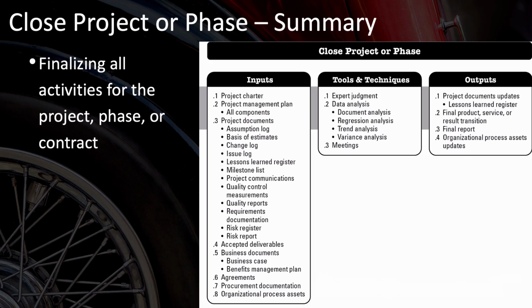Tools and techniques, there's a relatively short list. Expert judgment, some different types of data analysis that can be useful for other projects, and meetings. And your outputs are your final product, service, or result transition, plus a final report to go along with it, and an update to your organizational process assets.